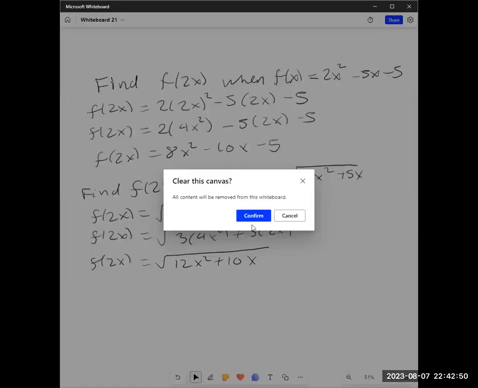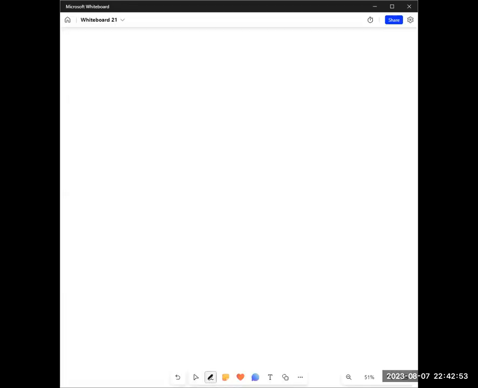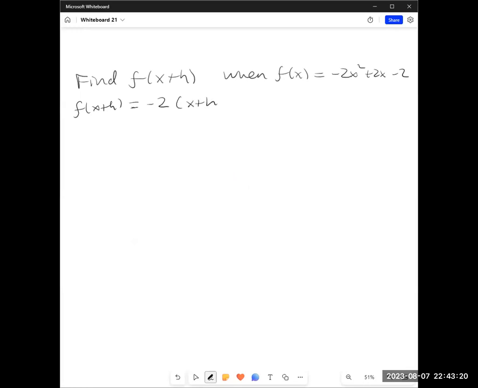Clear my canvas again, give myself some space. For this next one, we're going to find f of x plus h when f of x is equal to negative 2x squared plus 2x minus 2. So f of x plus h will be equal to negative 2 times the quantity x plus h squared plus 2 times the quantity x plus h minus 2.